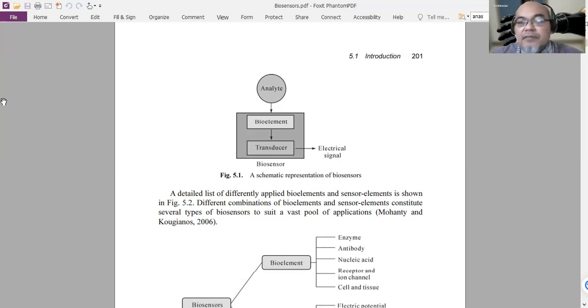Then maybe there will be luminescence, phosphorescence, or fluorescence, or changes of absorbance characteristic, or change of mass because of the formation of a complex, or transfer of electrons. So all of these usually are in the physical or chemical, or physicochemical, domain. And those changes can then be recognized or transduced using a physicochemical transducer.